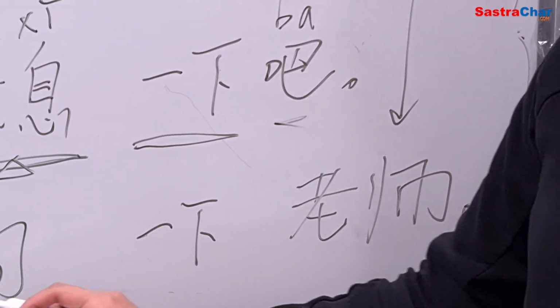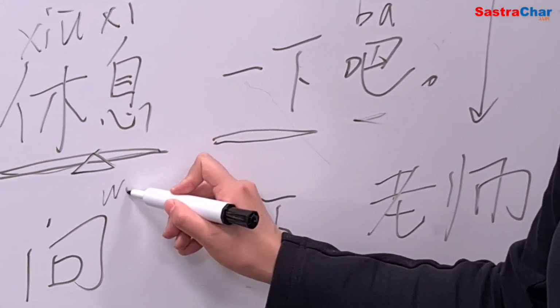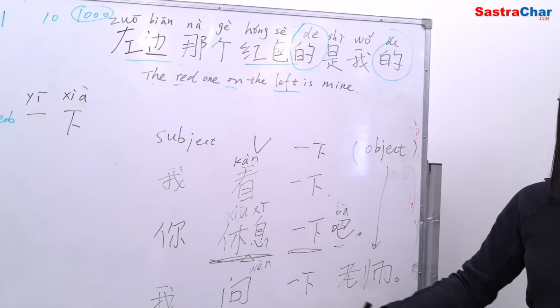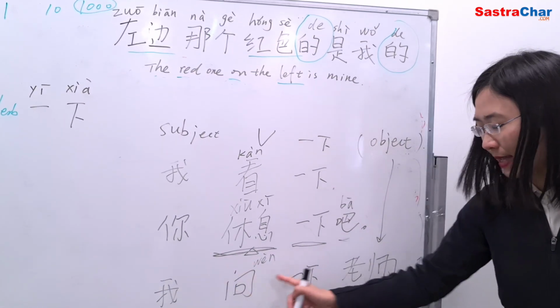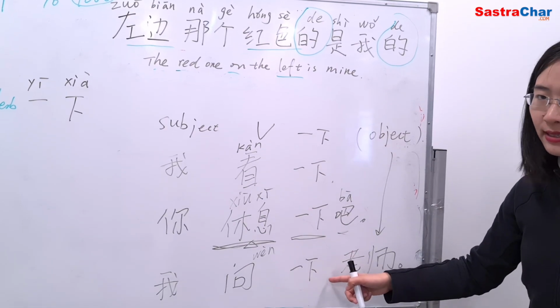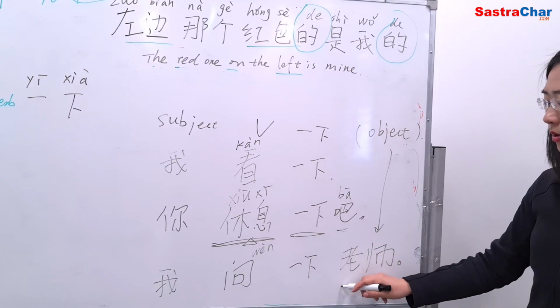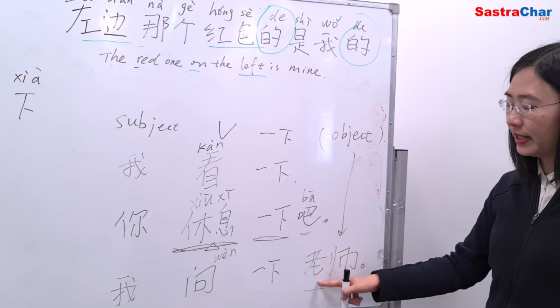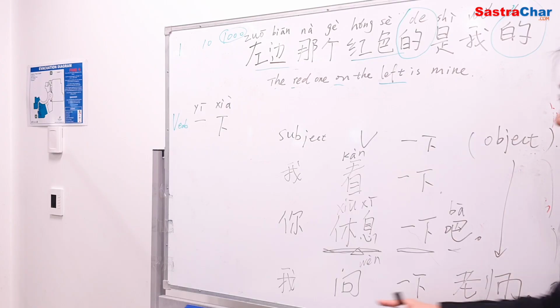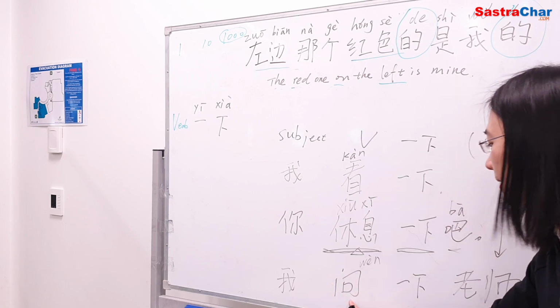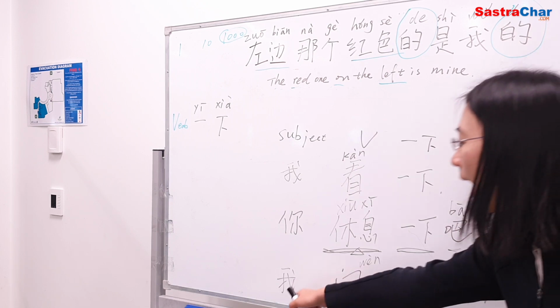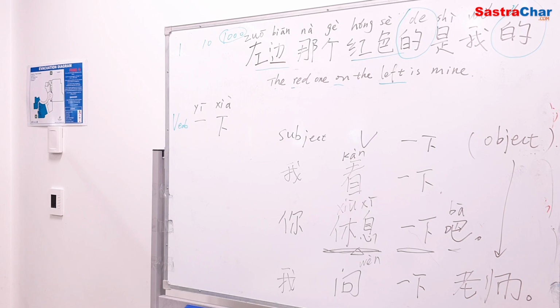Okay, see, 我问一下老师. What does the 问 mean? Yeah, 问 means to ask. I ask, and 一下 just means have a quick ask. 老师 is teacher, right? So the whole sentence means I ask teacher. I'm gonna just ask the teacher.